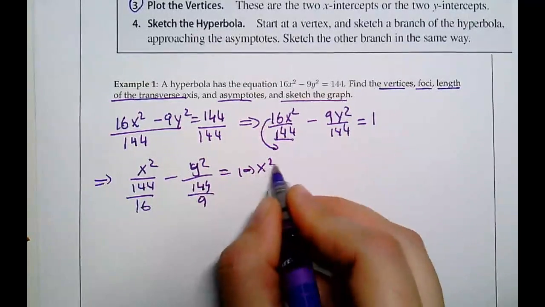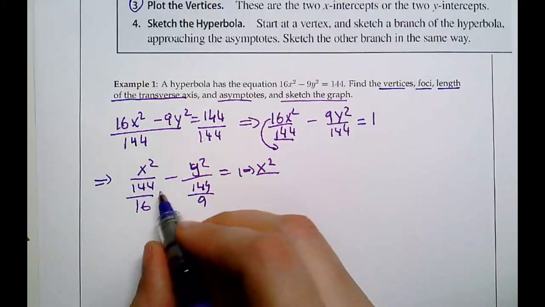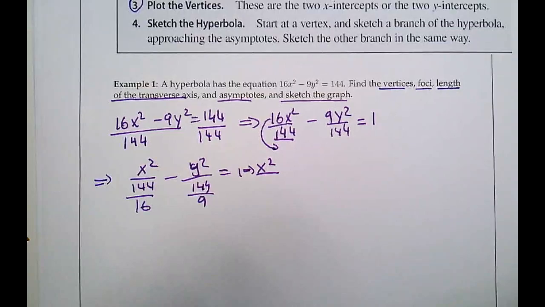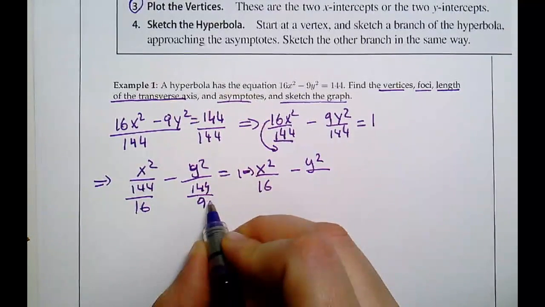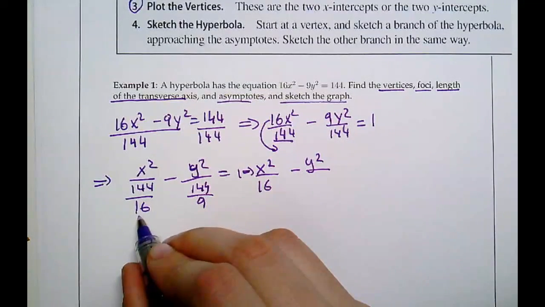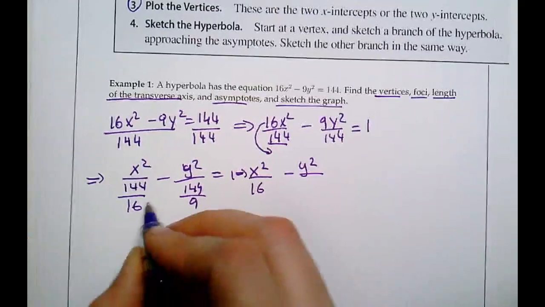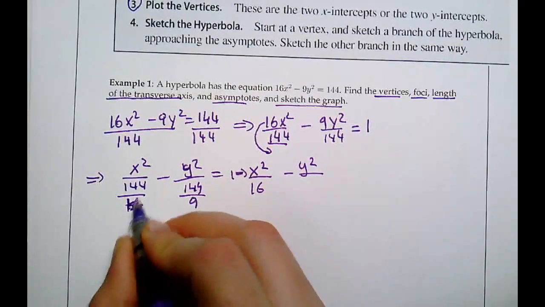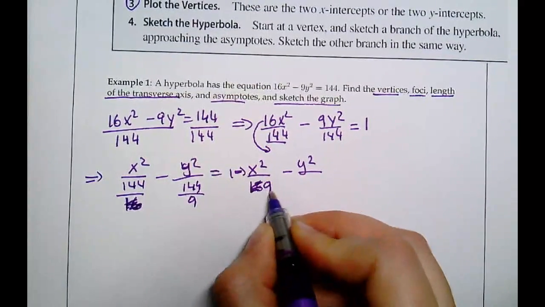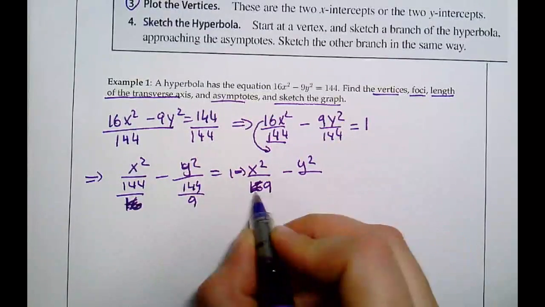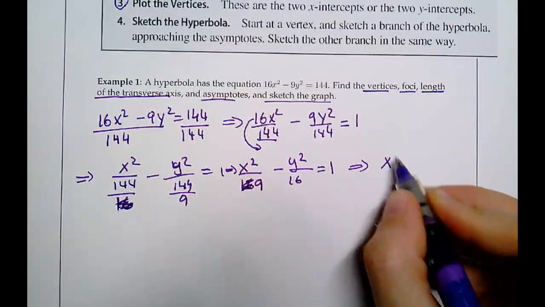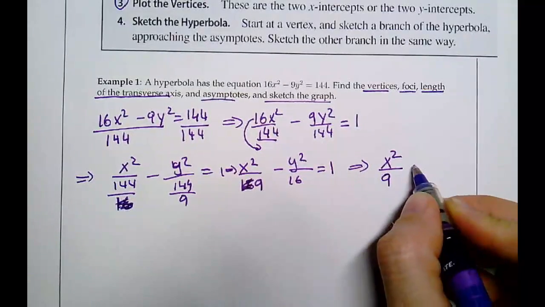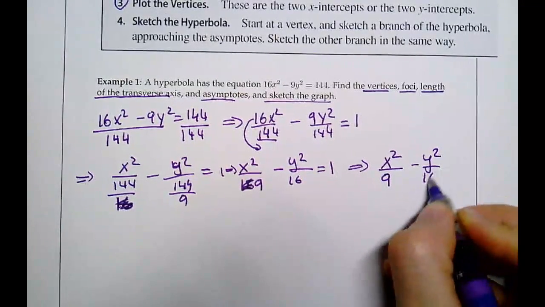And then I finally get that the equation is x squared over 144 divided by 16, which is 9, minus y squared over 144 divided by 9, which is 16. So it's x squared over 9 minus y squared over 16 equals 1.